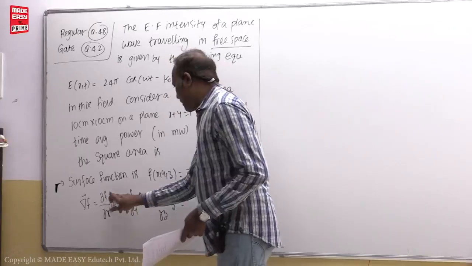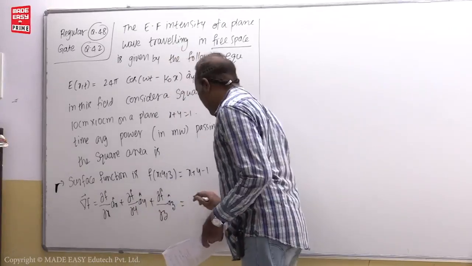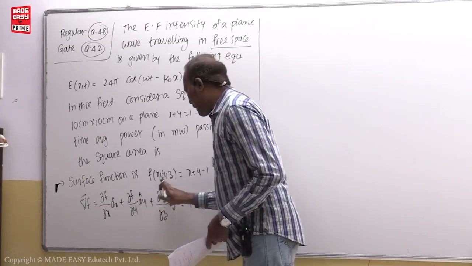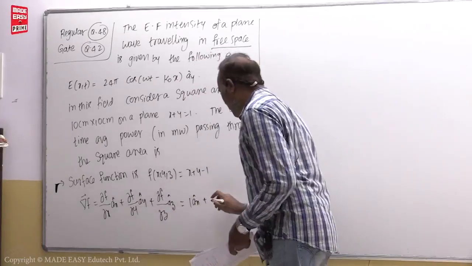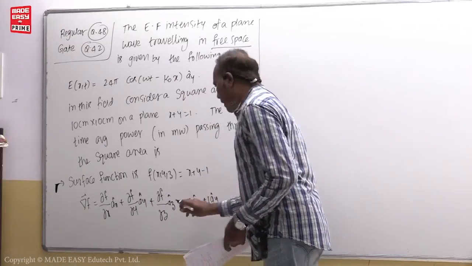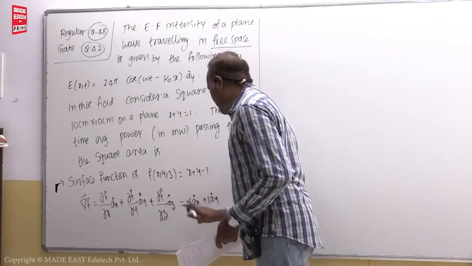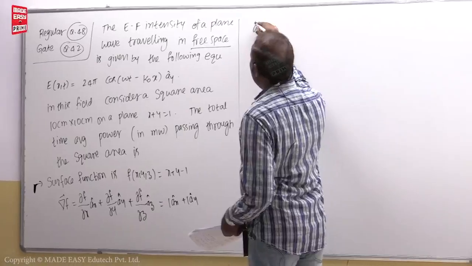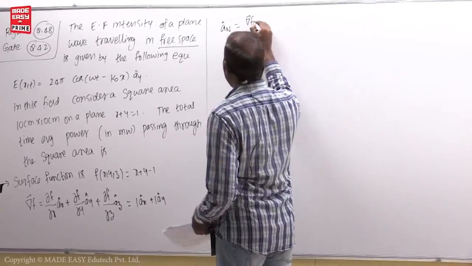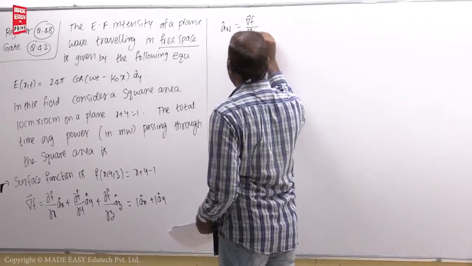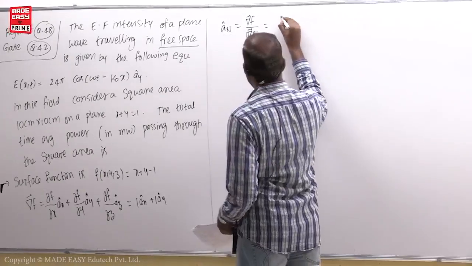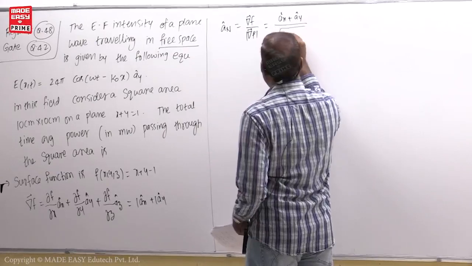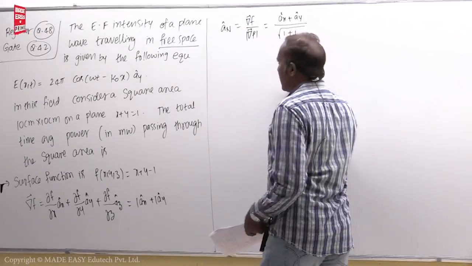Partial differentiation of f with respect to x gives 1 ax, with respect to y gives 1 ay, and with respect to z gives 0. This is grad f. So the normal unit vector to the surface is grad f by modulus of grad f, which is ax plus ay divided by root of 1 square plus 1 square.